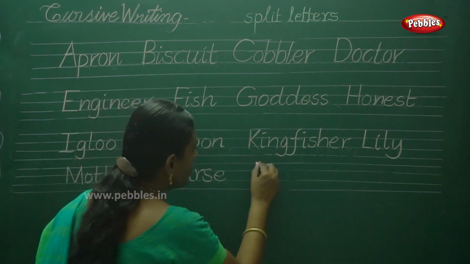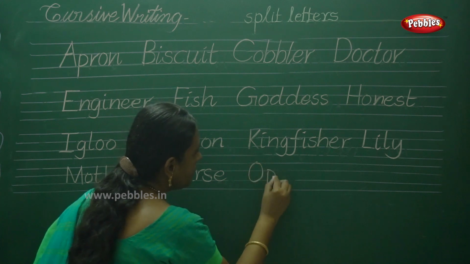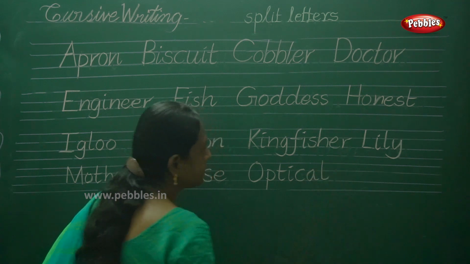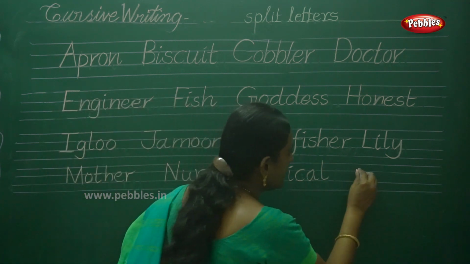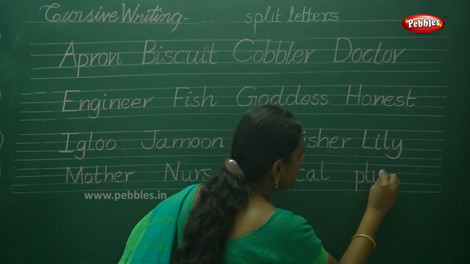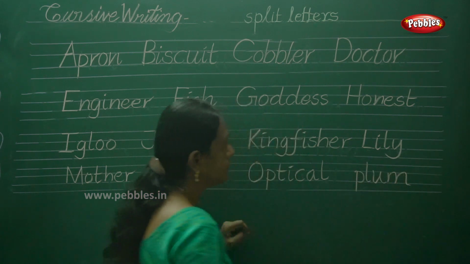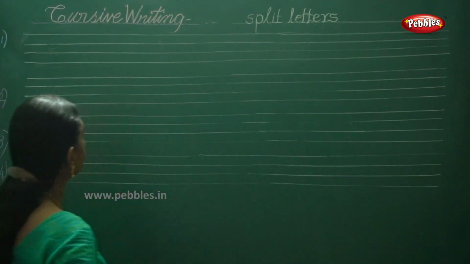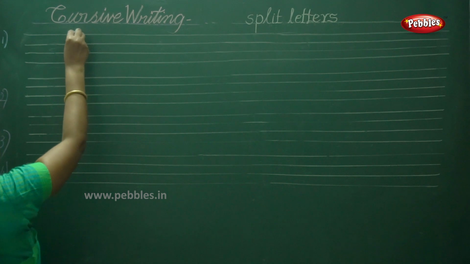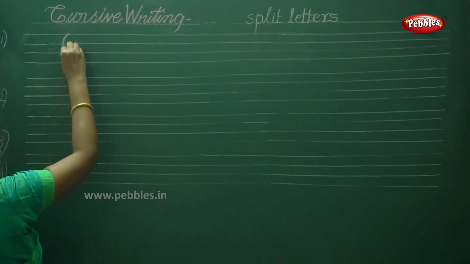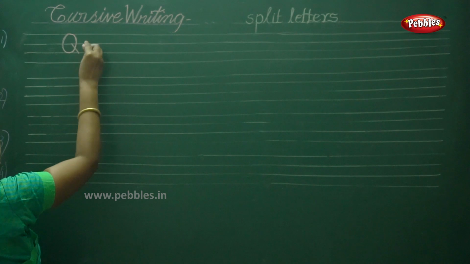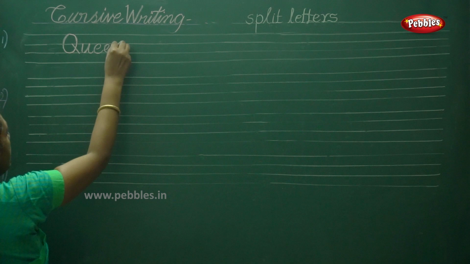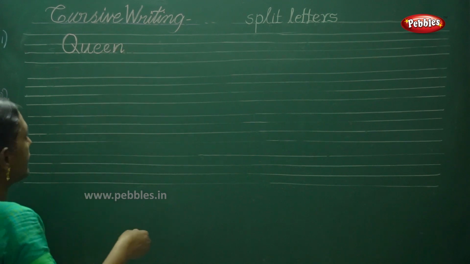And O, optimum or optical. Okay, P, plum. Okay, next children, Q, start with capital, combine with split letters, that is U, E, E, N, queen.